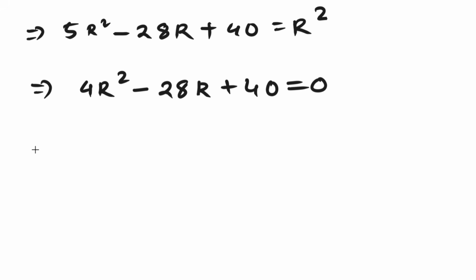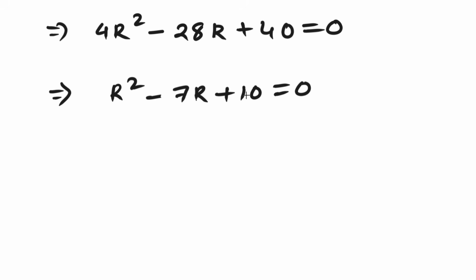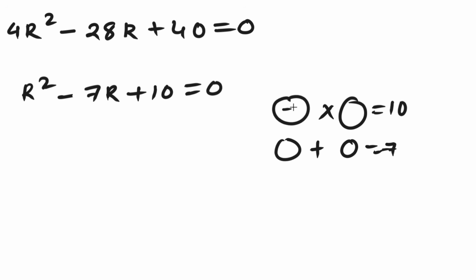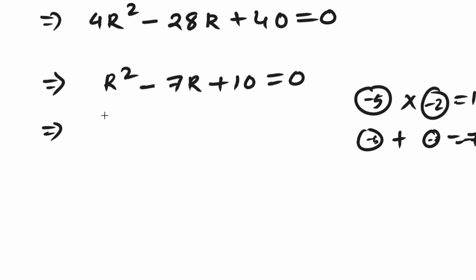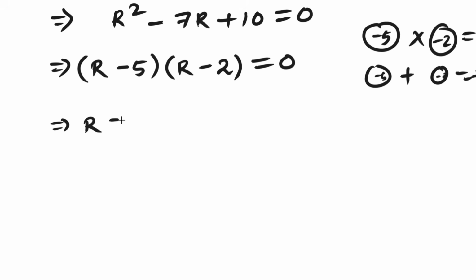We can divide every term by 4, so we get R squared minus 7R plus 10 equals 0. Now, factor the quadratic. We need 2 numbers whose product is 10 and whose sum is negative 7. Those numbers are negative 5 and negative 2. Therefore, the equation factors as the quantity R minus 5 multiplied by the quantity R minus 2 equals 0. So capital R equals 5 or capital R equals 2.